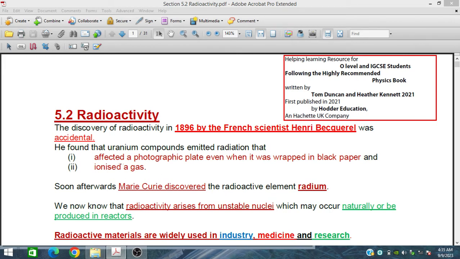So these two effects were observed by Henri Becquerel. So the phenomenon of radioactivity was accidentally discovered.